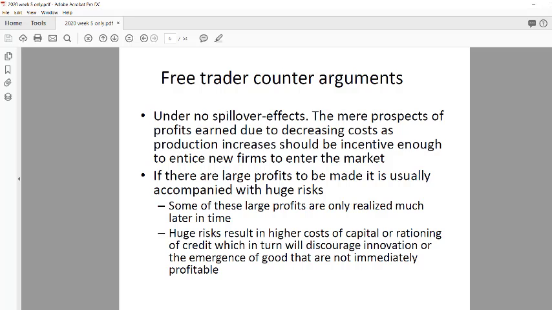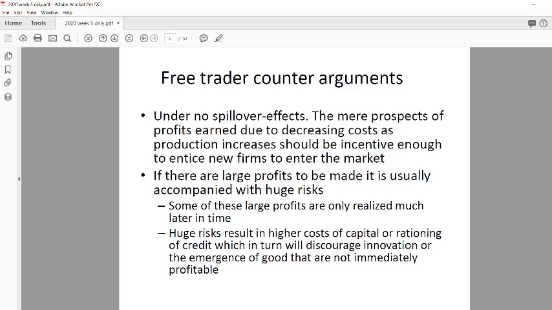Now that means there's a huge amount of risk until you reach that point where you're going to get this lower cost and this huge profitability. And so for many people, that's a problem. You have a huge risk in getting these large profits which exist. So you don't know until you reach that point where you get this profitability and this lower cost.